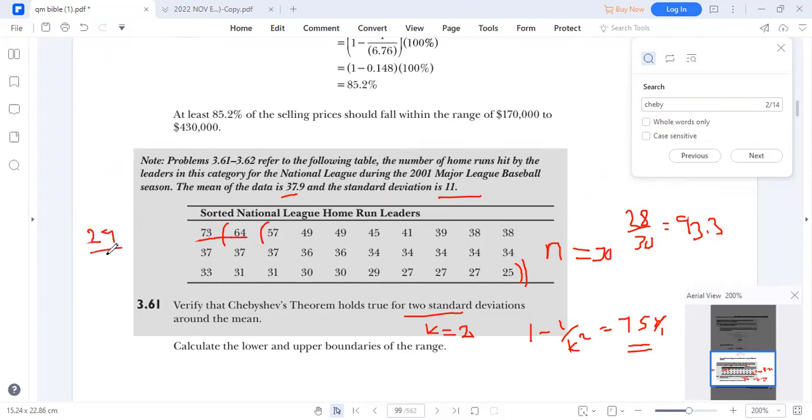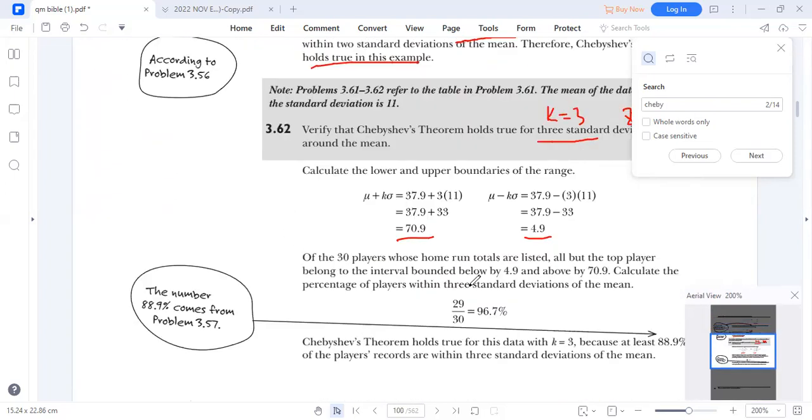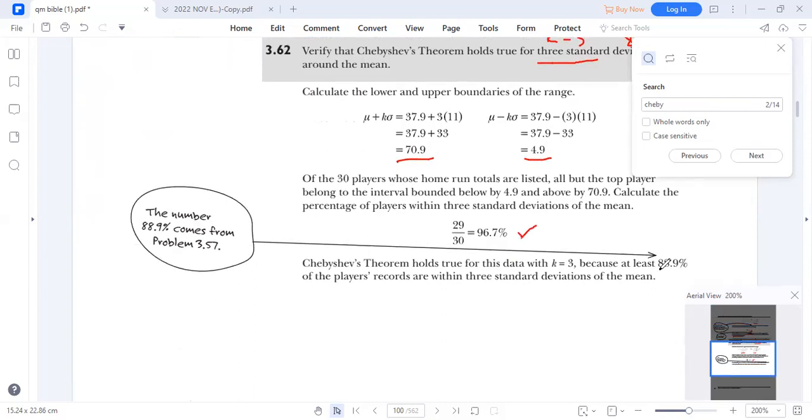When you divide 29 by 30, what are we getting? We're getting 96.7%. So it's above 88.89. So we can say Chebychev's rule will abide. Are you together?